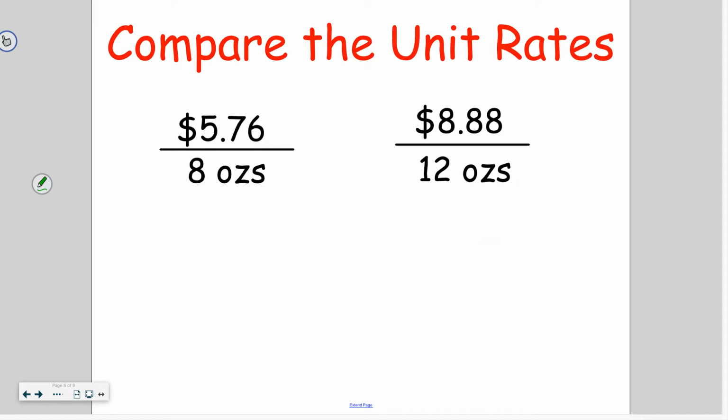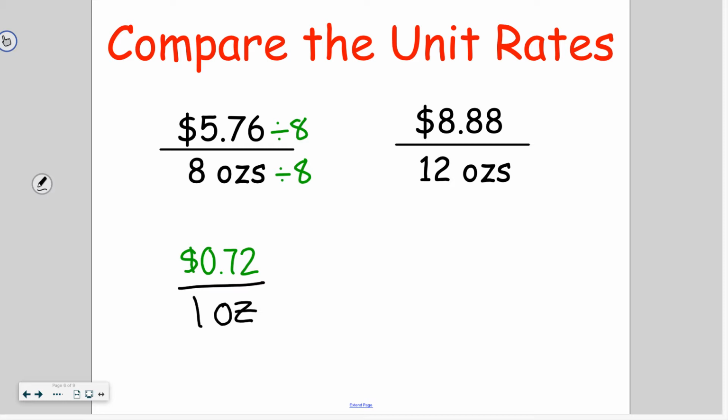Go ahead, pause the video, try this on your own, start it up to check your answer. For the first one, we need to get to 1 ounce on the bottom. So we are going to divide both of those quantities by 8, and I get an answer of $0.72 or 72 cents.